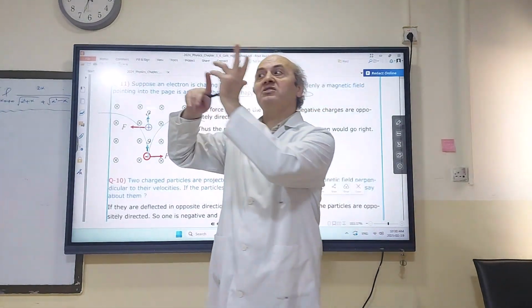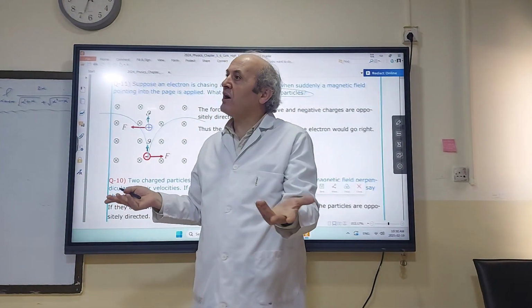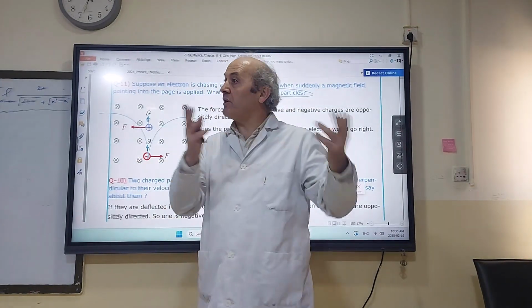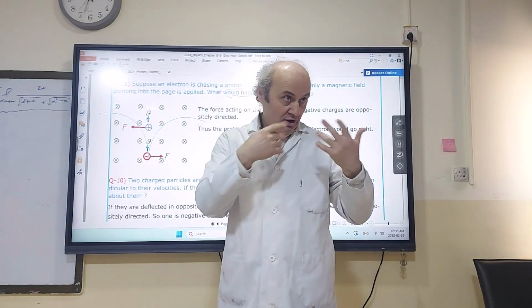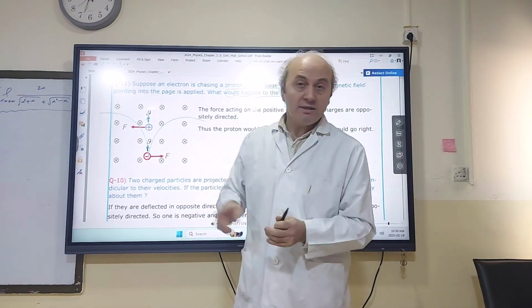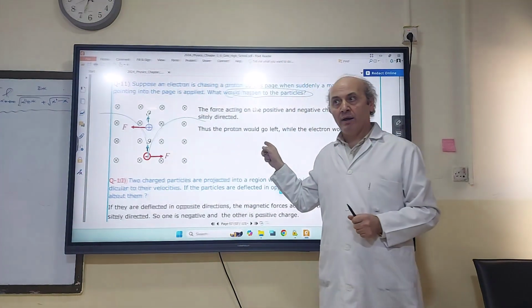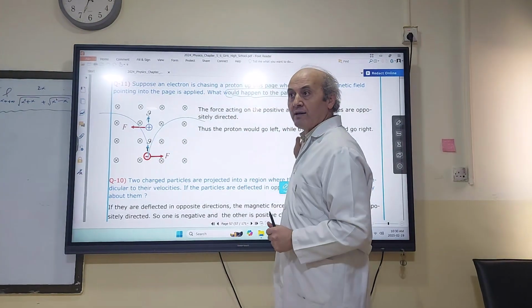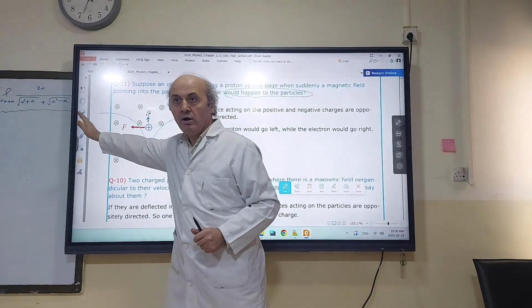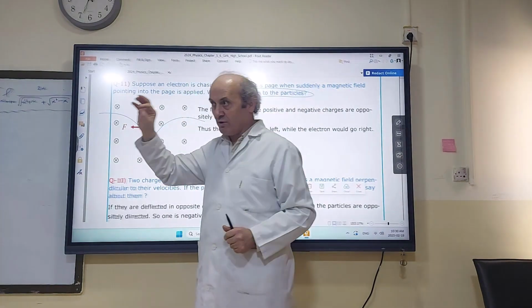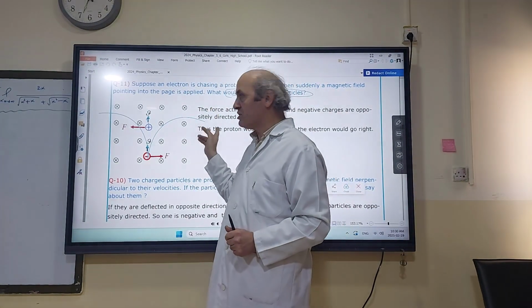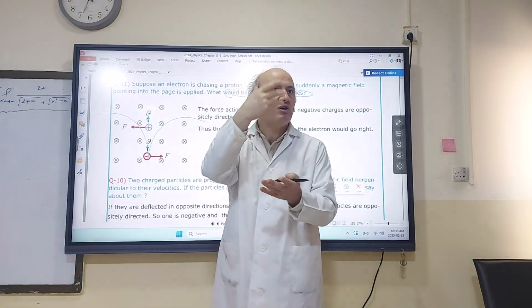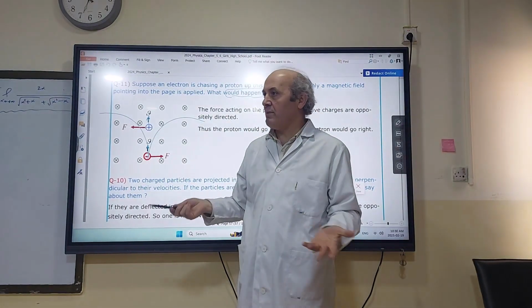But if they deflect in the same direction, both are the same. Maybe both are positive, maybe both are negative. Notice they can ask the question in the reverse way. This was asked in the ministry exam this way. The answer was: the electron will go to the right, the proton will go to the left. It was the choice in the teacher's book, and then they gave this answer as a choice in the ministry exam.